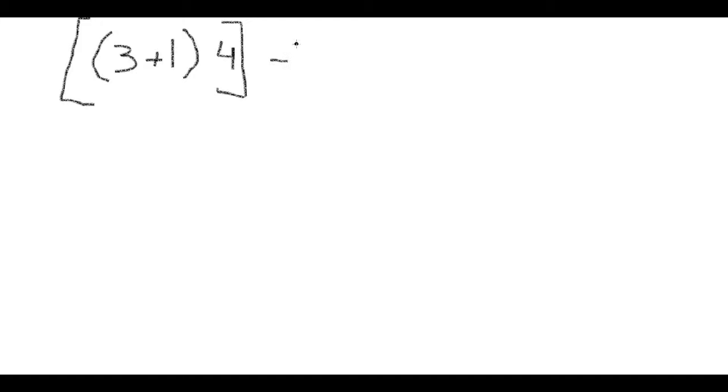We have 3 plus 1 in parentheses. Then we have in these brackets 4 minus 12 divided by 3. First thing we need to do is simplify what's in parentheses.